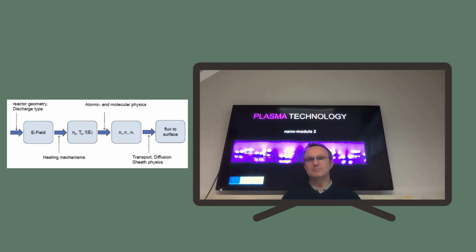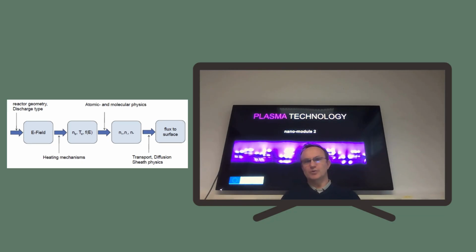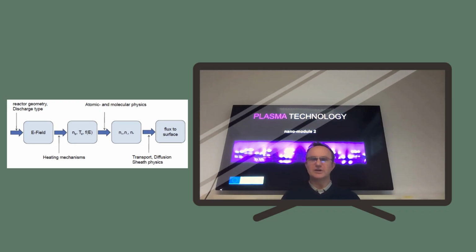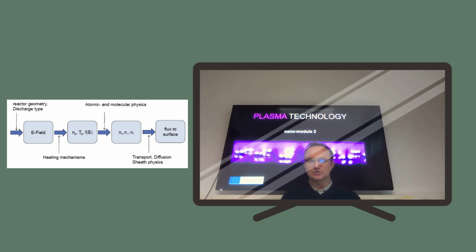By knowing atomic and molecular physics, we also can define the density of positive ions and negative ions, and also the density of excited states. And by knowing all of them, we can also define the flux of the particles to the surface and even the direction of the flux to the surface.